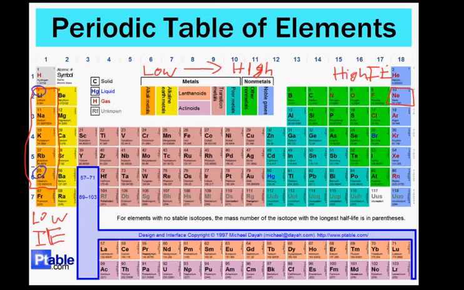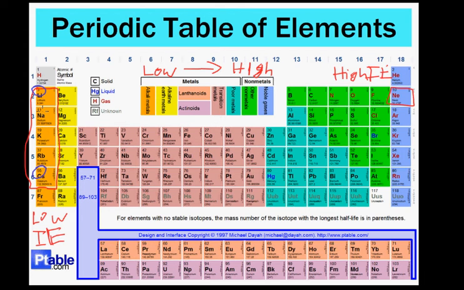Cesium has 55 electrons, so it has a relatively large electron cloud. Since the third electron in lithium is closer to the nucleus, it's more attracted to the nucleus. But on the other hand, cesium has 55 electrons, so that 55th electron all the way out there has a weaker attraction to the nucleus than this one does up here in lithium.